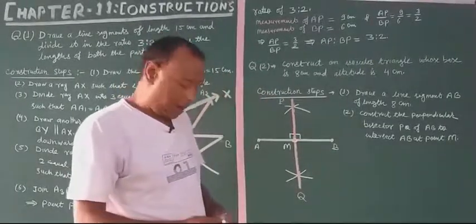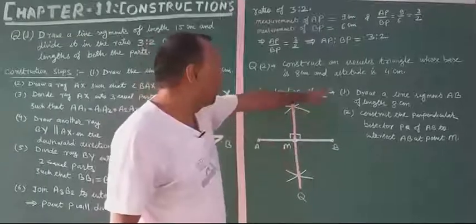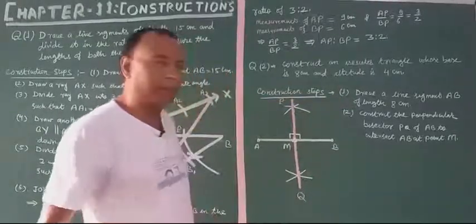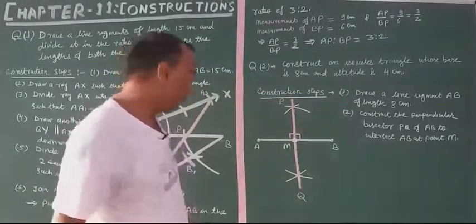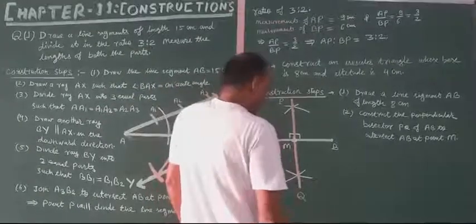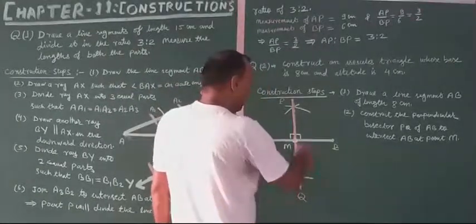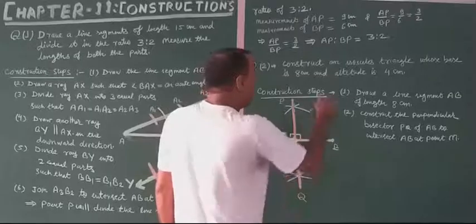Now, what is the length of the altitude? That is 4 centimeter. Now we will take M as a center and a radius of 4 centimeter.